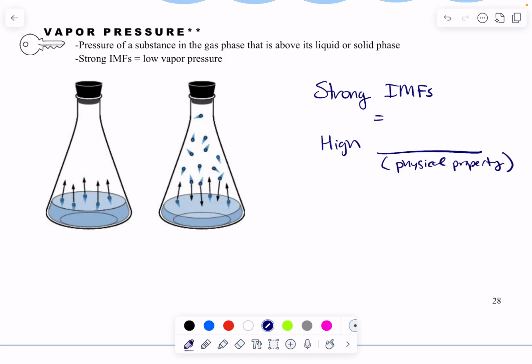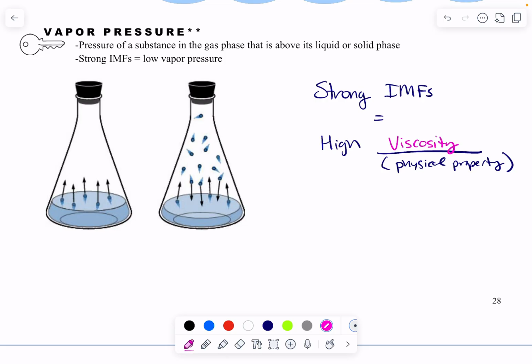Some examples of this. If I have strong intermolecular forces, that means I have a high boiling point. If I have strong intermolecular forces, that means I have a high melting point. If I have high intermolecular forces, that means I have a high surface tension. If I have a high or strong amount of intermolecular forces, I'm going to have a high viscosity.